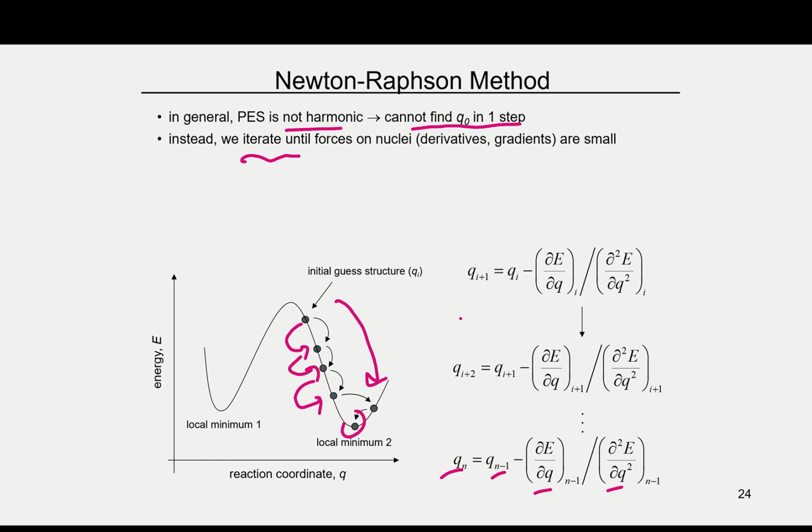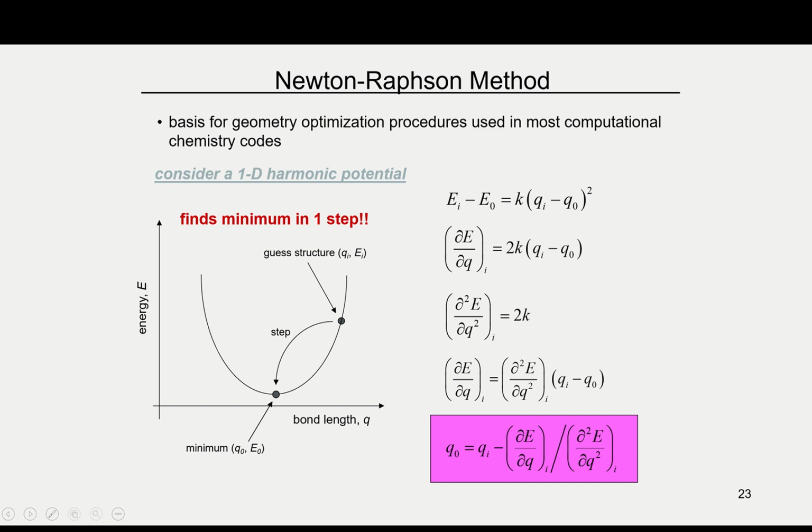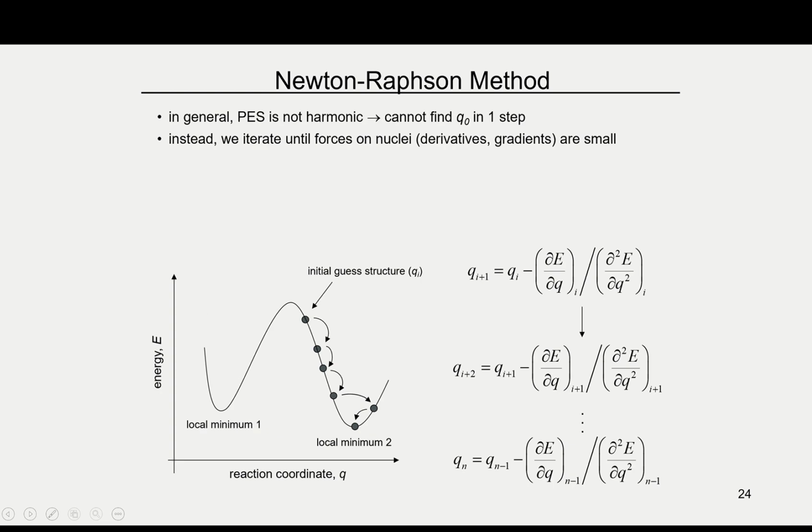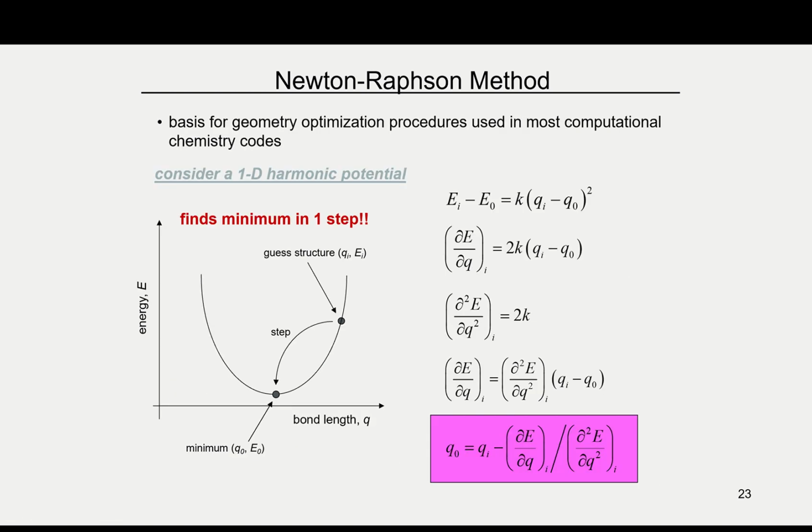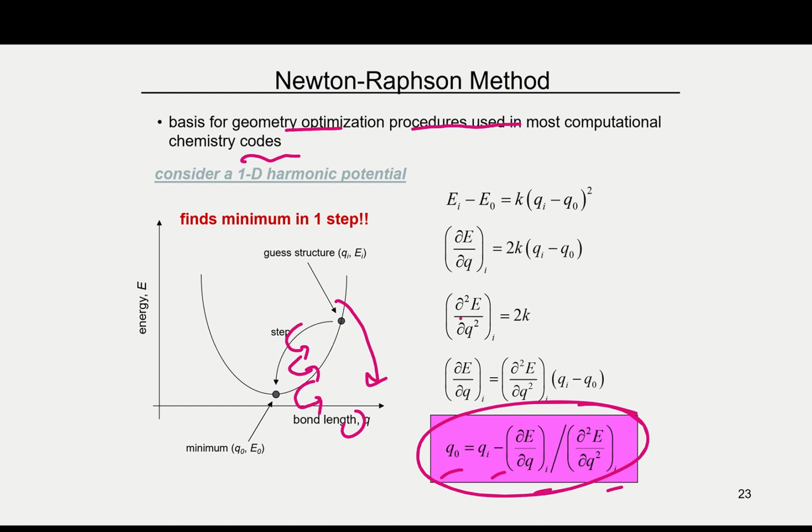Okay, so we studied in the last slide that this is for 1D. You know that the equation for 1D is Q naught is equal to Qi minus the first derivative divided by the second derivative. This is very clear from here.